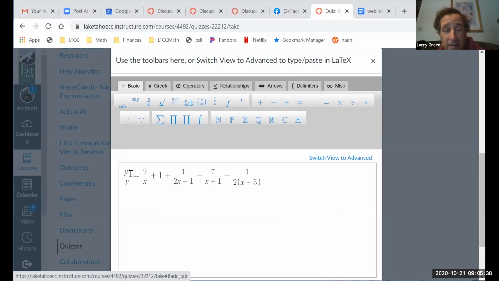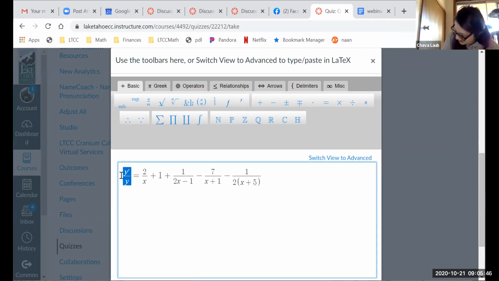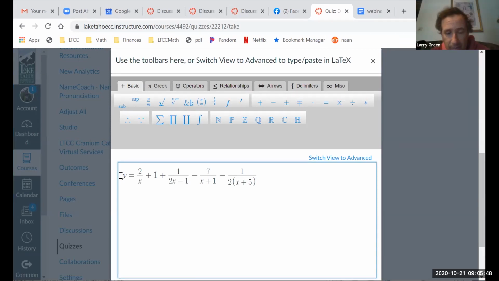So what do we have to do to both sides? Nice and easy. Times it by y? Yeah, times it by y. So I'm going to write y prime. Do you have to take a derivative if there is one? Like on 1 over 2x minus 1, it would be 2 over 2x minus 1 because the derivative of 2x equals 2.